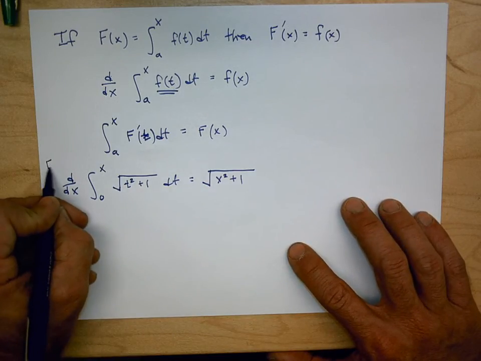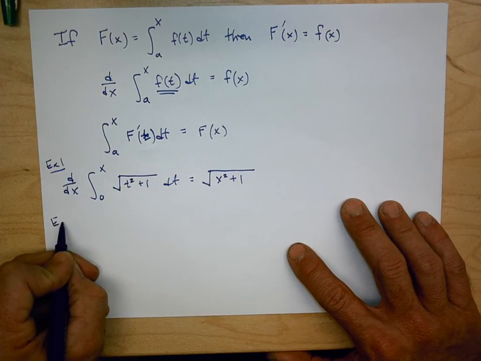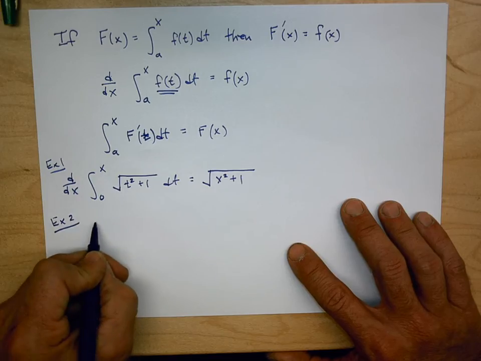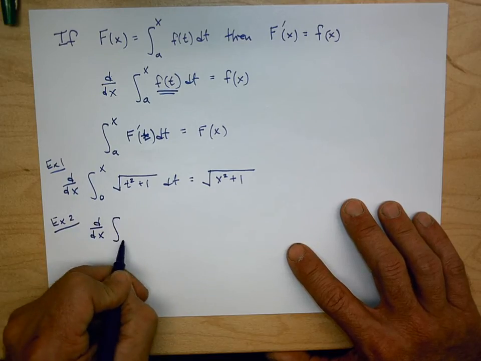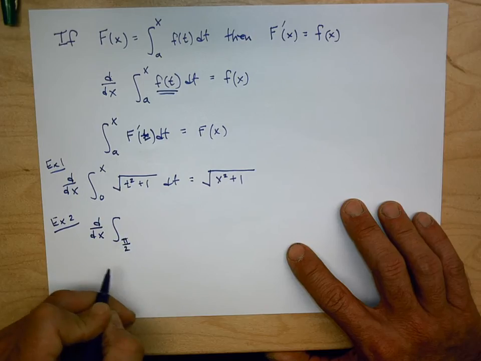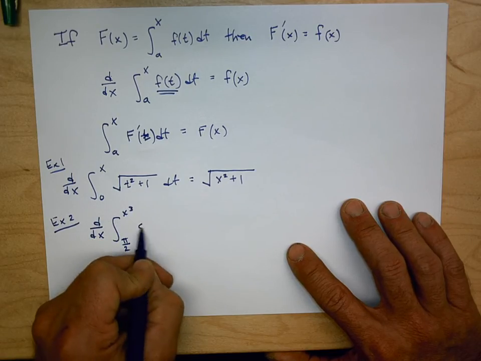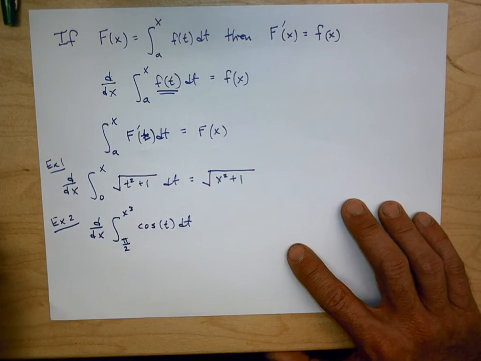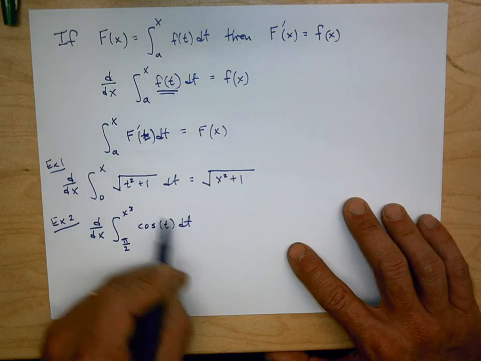All right. Let's look at a more interesting example. So here is Example 1, we'll call it. Let's take a look at Example 2. In this case, I'm taking the derivative with respect to x of the definite integral from pi over 2 to x cubed of cosine t dt. All right. There's more than one way to solve this, but let's first use the fundamental theorem of calculus.